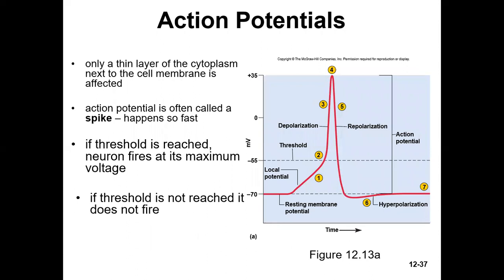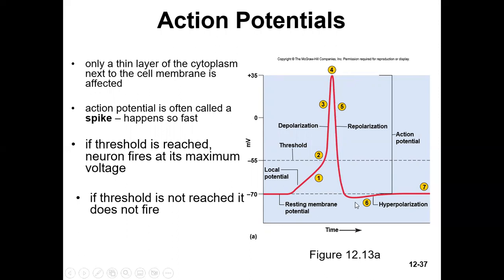So here's an example. If you need a chart to help your eyes, this will help. Here's our negative 70 millivolts. We're resting. Some stimulus starts to fire or change the electrical charge of ICF to ECF. We hit that negative 55 millivolts, which is threshold. The depolarization begins to happen. Once it reaches a positive 35, the sodium channels will shut down.